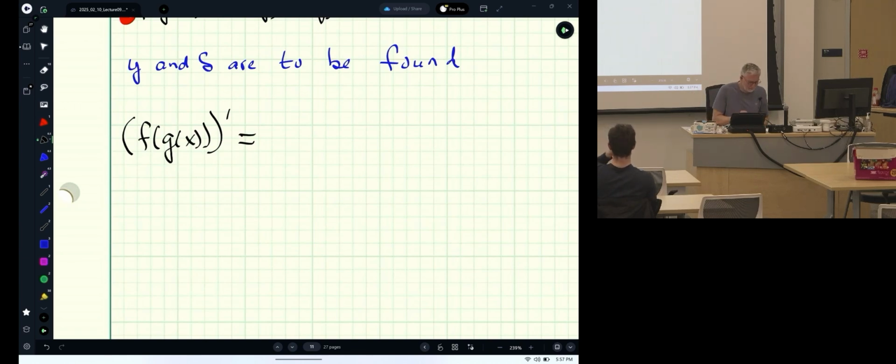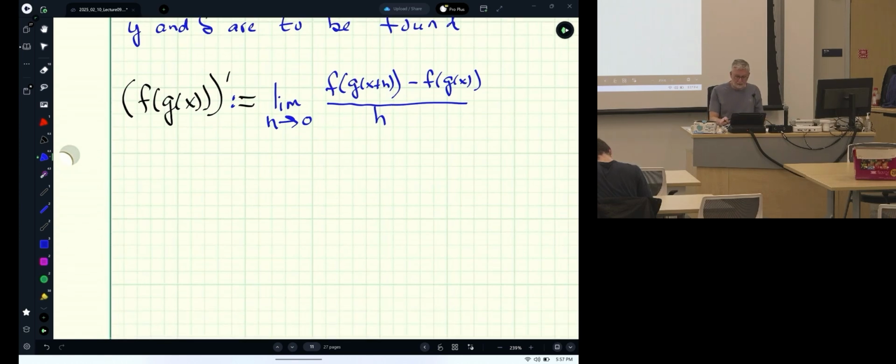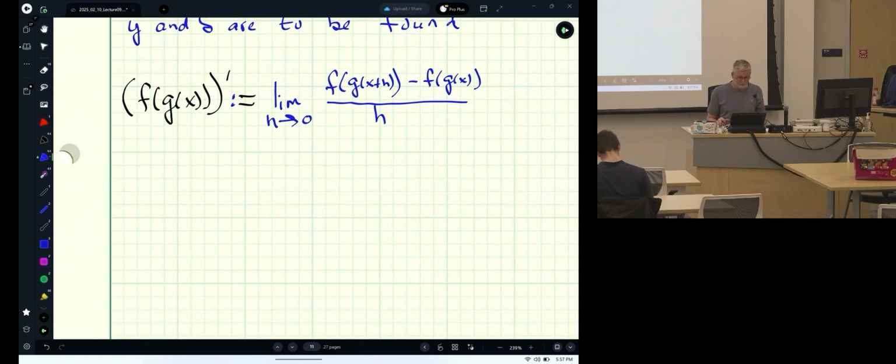Maybe there's more, okay? So this is the limit as h goes to 0 of f of g of x plus h minus f of g of x, over h. So that's just the definition of the derivative.